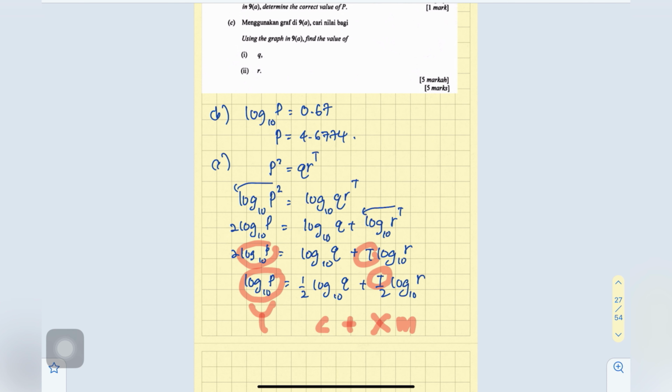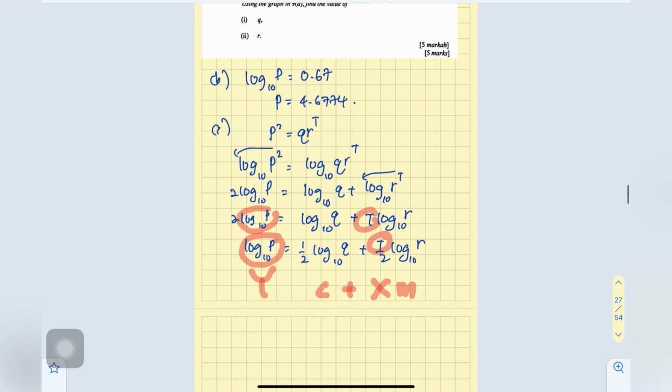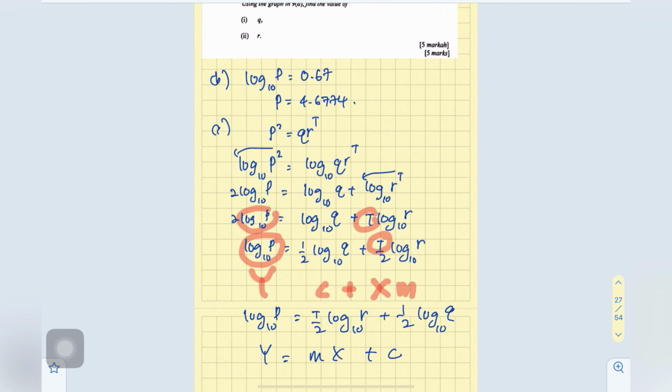Okay, so ataupun kalau kita nak arrange pun boleh jugalah. Lagi senang kan kita nak arrange log P base 10 equals to T over 2 log R base 10 plus 1 over 2 log Q base 10. Okay, so big Y sama dengan M big X plus C.